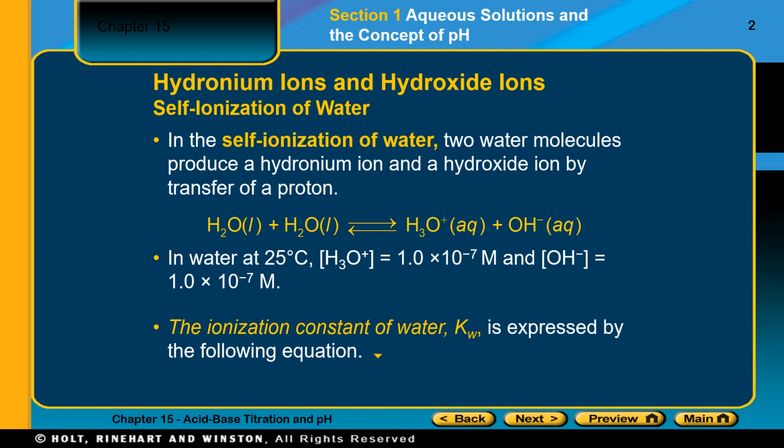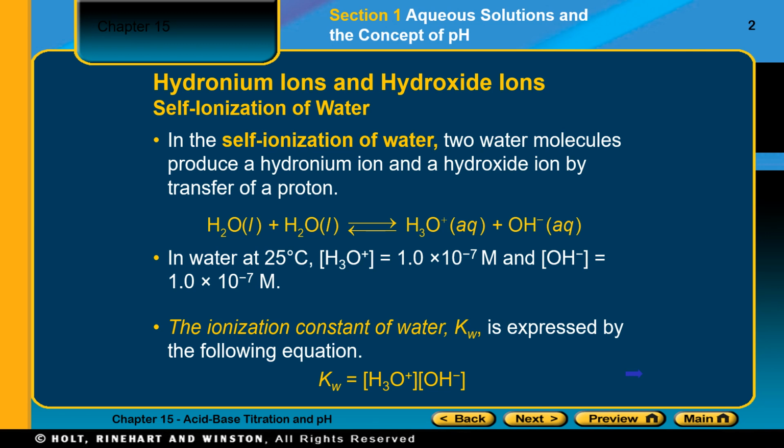And this brings us to something new that's called the ionization constant of water. This is a number you will need to memorize. It's not a difficult one. The ionization constant of water, the Kw, is equal to the product of the hydronium ion concentration and the hydroxide ion concentration.